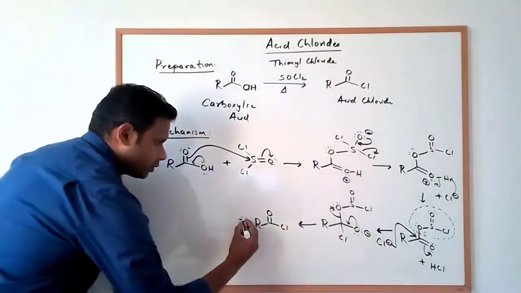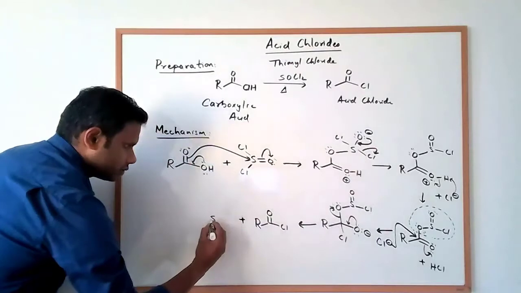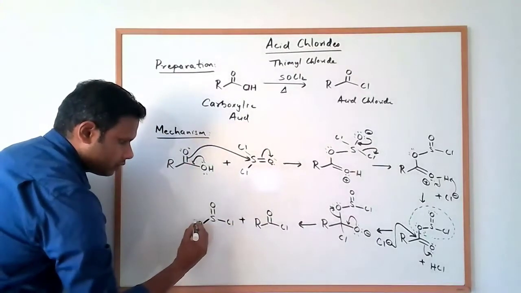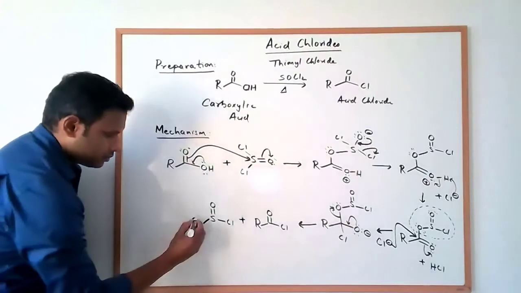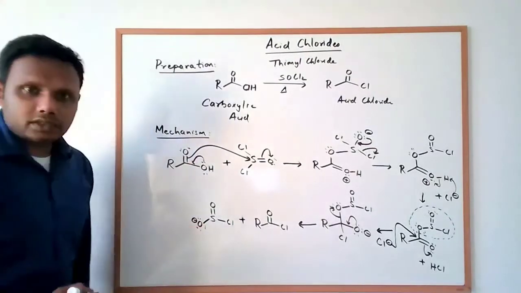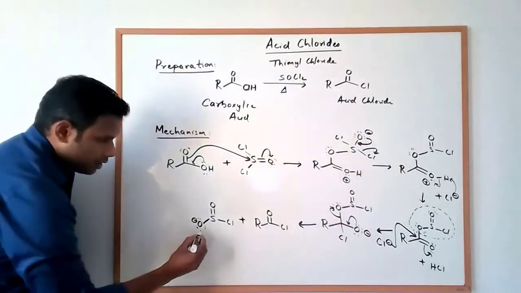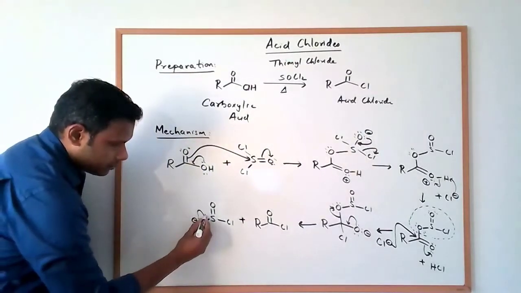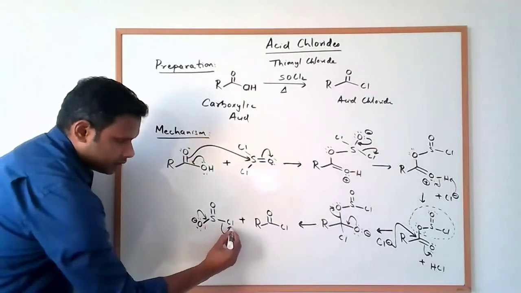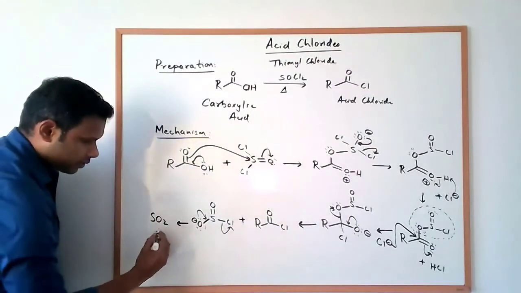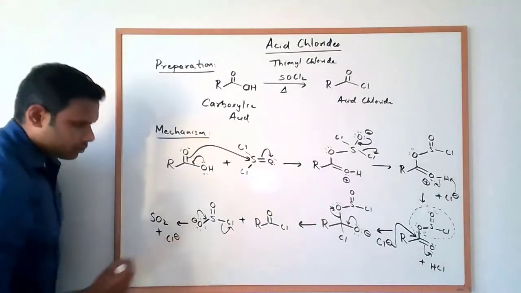So we make the acid chloride, plus it's going to give us the sulfur double bond O chlorine with an O minus. This oxygen has 3 lone pairs on it. And this ion can then basically eject chloride to give you sulfur dioxide plus Cl minus.